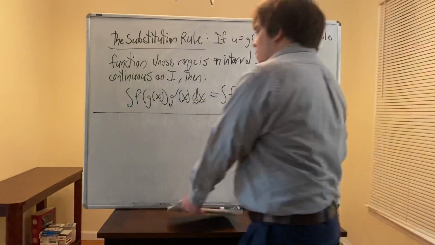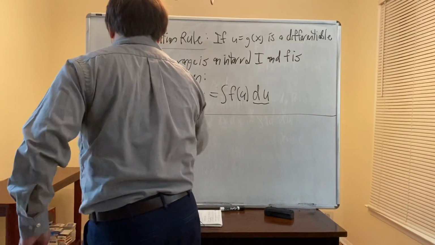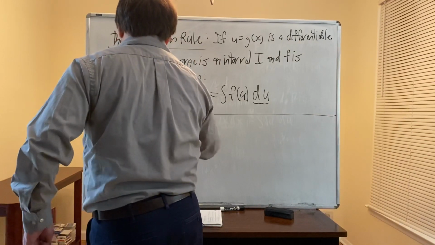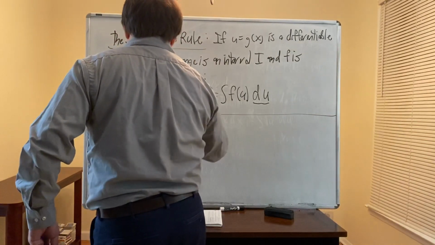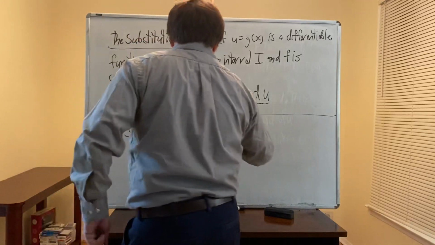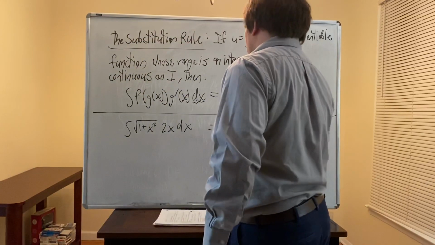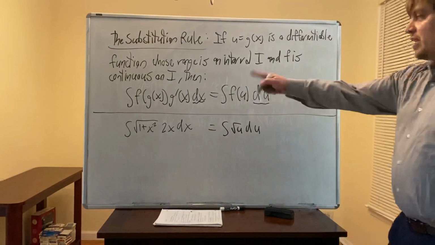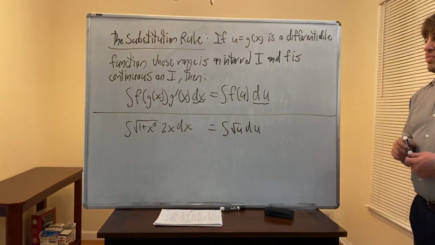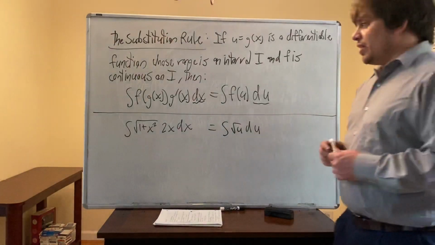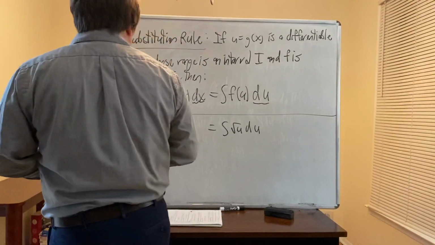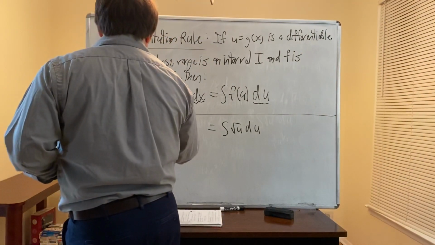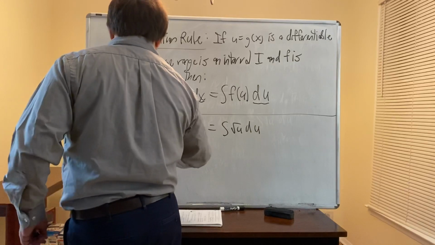So in the last example, when I said that the integral of the square root of 1 plus x squared times 2x dx is equal to the integral of the square root of u du, that is right in line with what the substitution rule is saying. Here, the g of x was the 1 plus x squared.